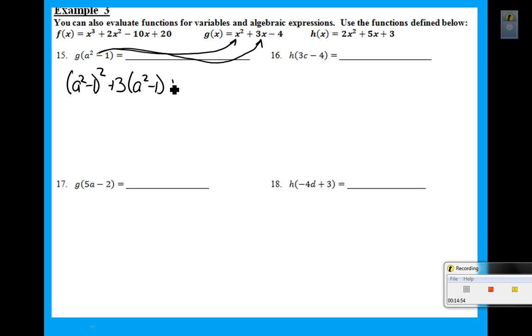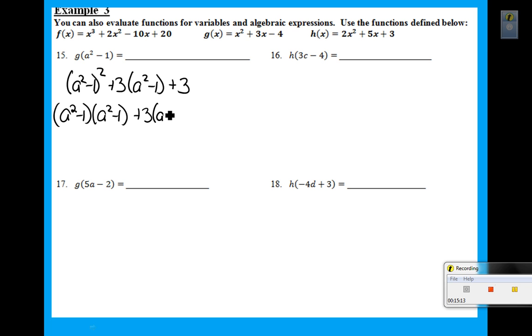1 plus 3. Well, the way we're going to handle this quantity squared, we're going to write this thing out twice. So I got a squared minus 1 times a squared minus 1 plus 3 times a squared minus 1 plus 3. Now I have to FOIL this part out right here. So a squared times a squared, 1 times 1 is 1.